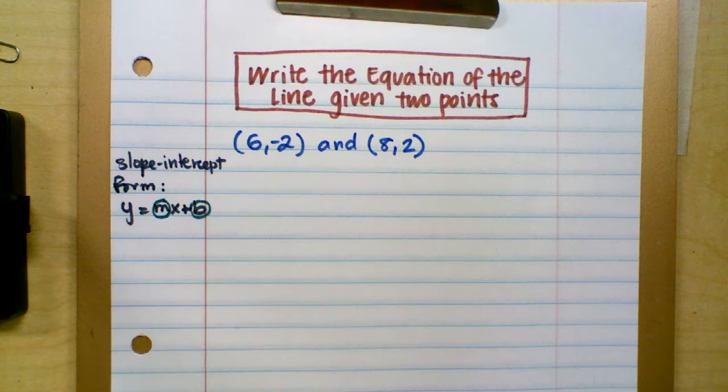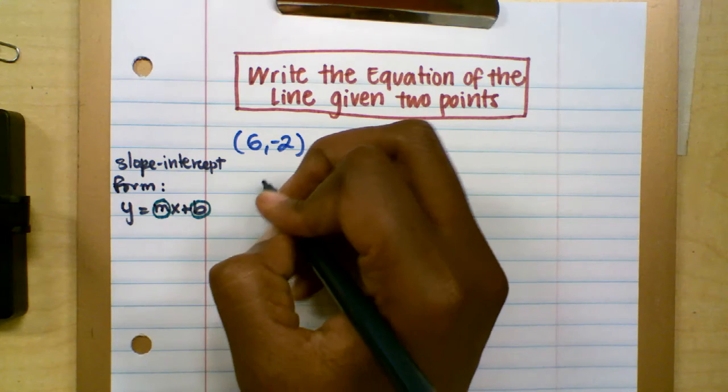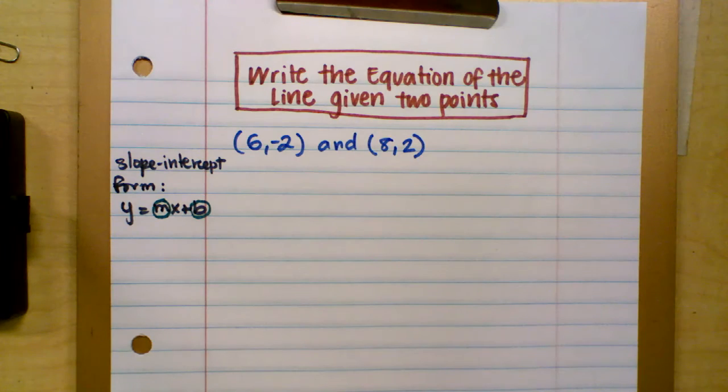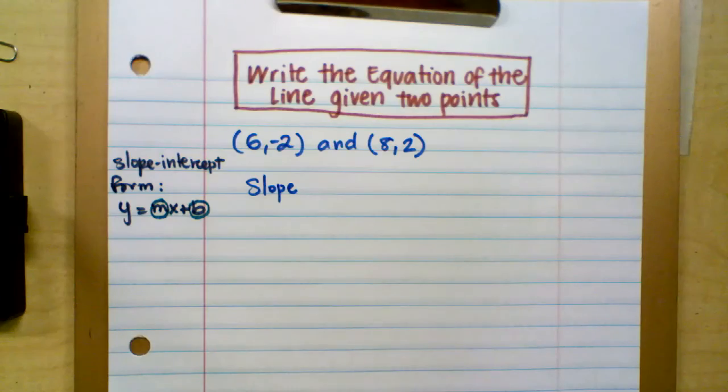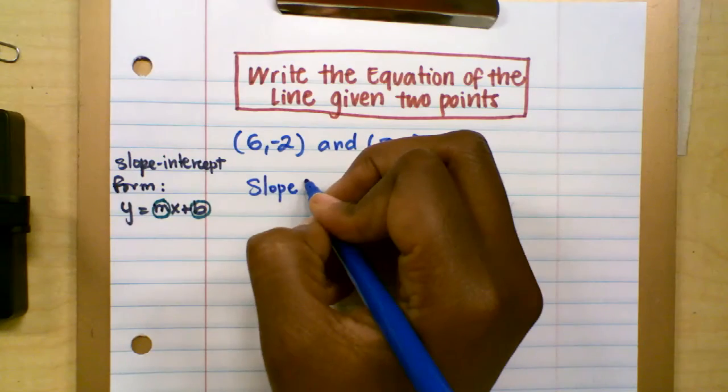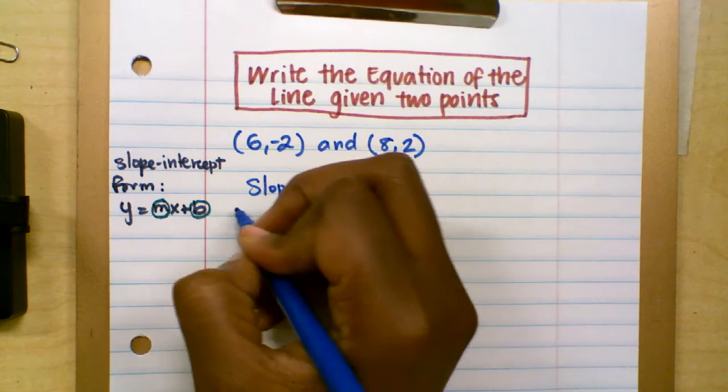Let's first start with the slope. The first step is to find the slope, and the variable we use for slope is m. So how do we find the slope?